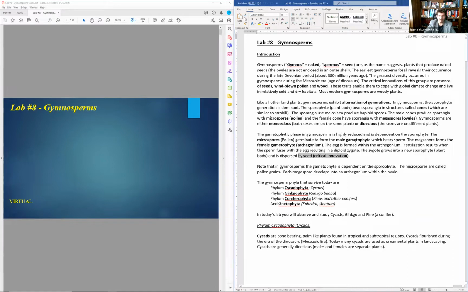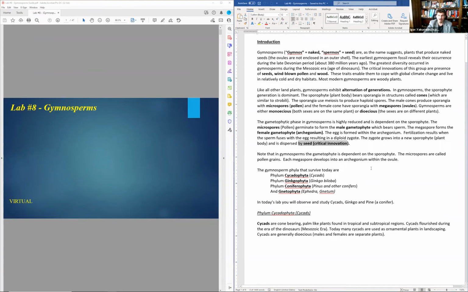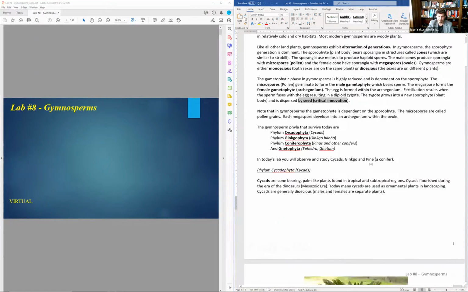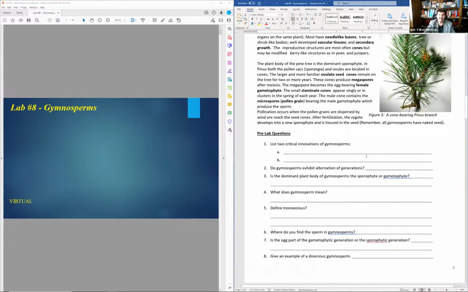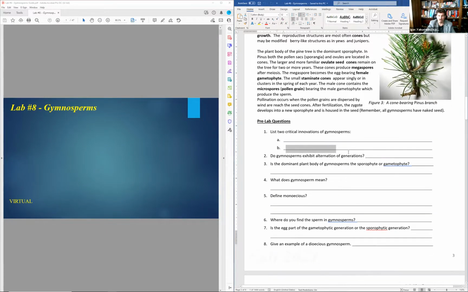So in this particular case, the pollen, or production of the pollen, is another critical innovation. Or you can say water is no longer necessary for reproduction. So, seed, and water no longer necessary for reproduction.